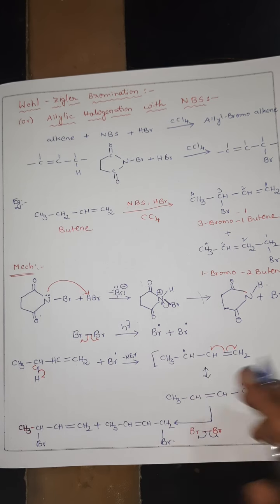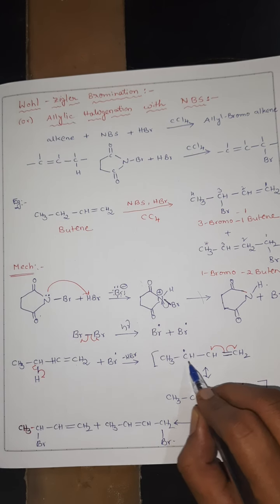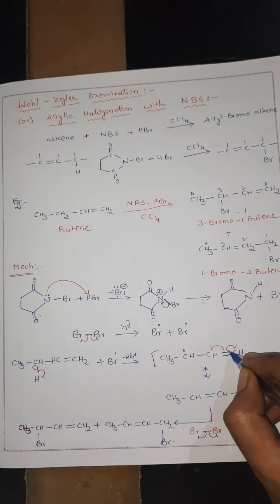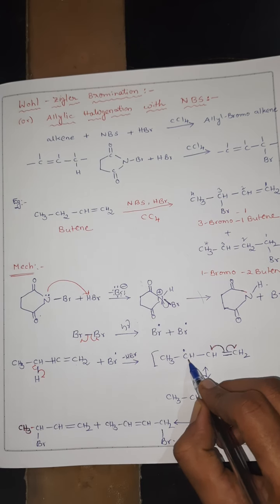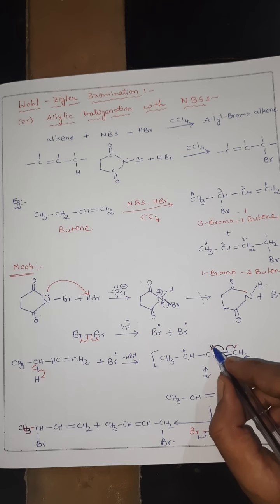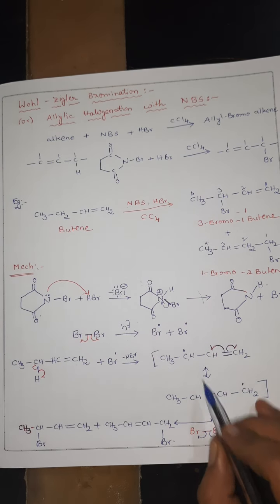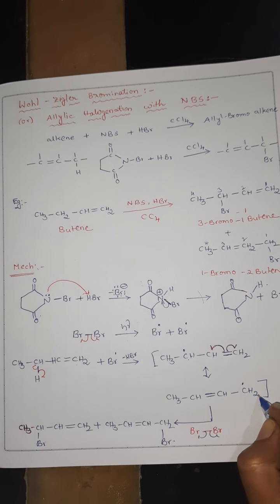This free radical is conjugated with this double bond. Hence this double bond cleaves homolytically to stabilize this free radical, so the double bond migrates and forms a terminal free radical.